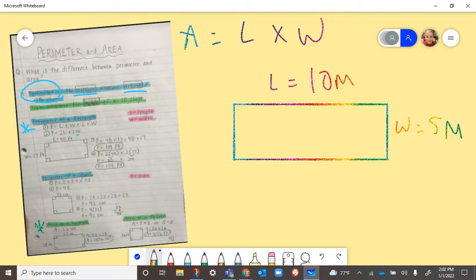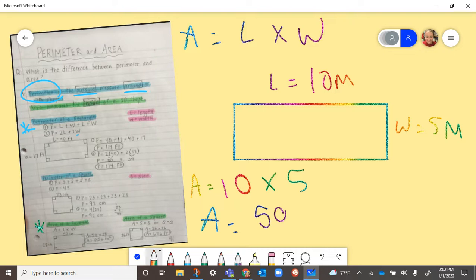So we're going to take our length of 10. We're going to say area equals, that is not area. Area equals 10, which is our length, times 5, which is our width. And so this would be area equals 50.